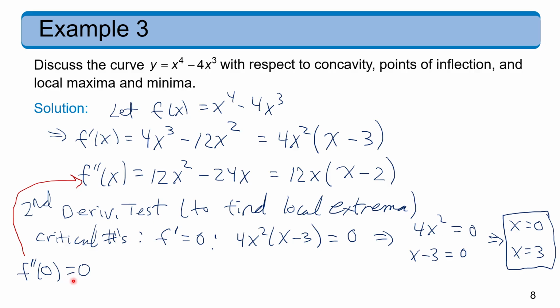But it doesn't tell you anything if you get 0. So for x equals 0, the second derivative test is inconclusive. We're going to need to use another method to determine if we have a local max or min at x equals 0.